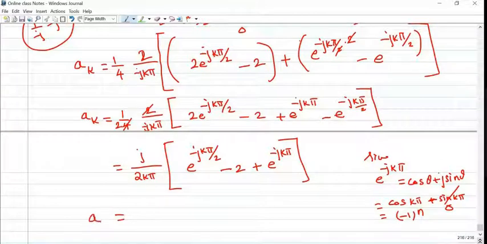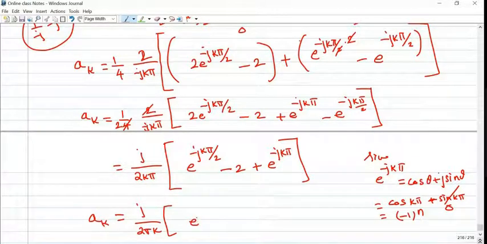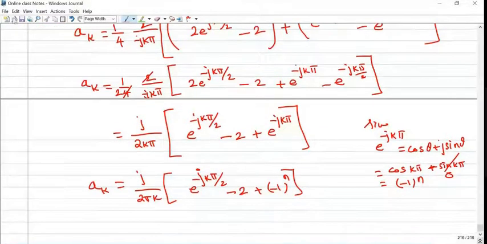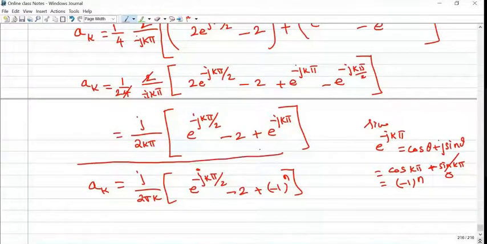So your final result for a_k is j divided by 2 pi k, times e power minus jk pi by 2 minus 2 plus minus 1 power n. So this is your a_k, the exponential Fourier series coefficient.